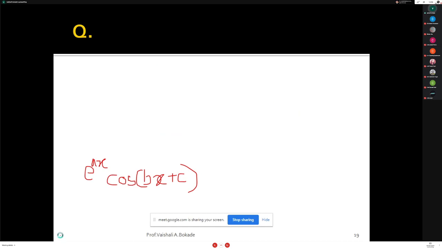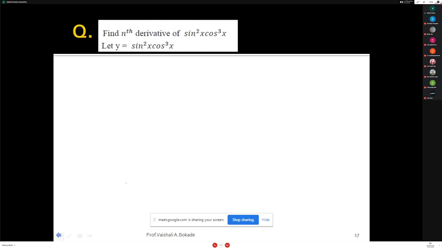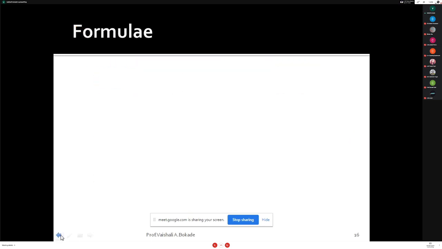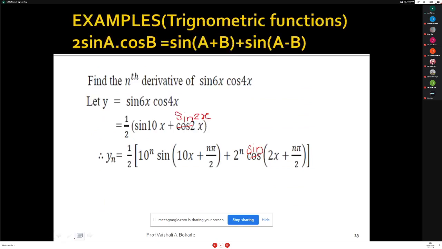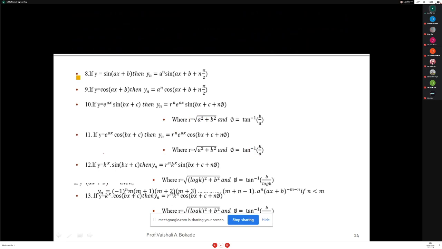Whenever we have e raised to ax into sine of bx plus c, the nth derivative is r raised to n e raised to ax, keep that as it is, into sine of bx plus c plus n phi, where r is root of a square plus b square and phi is tan inverse of b upon a.